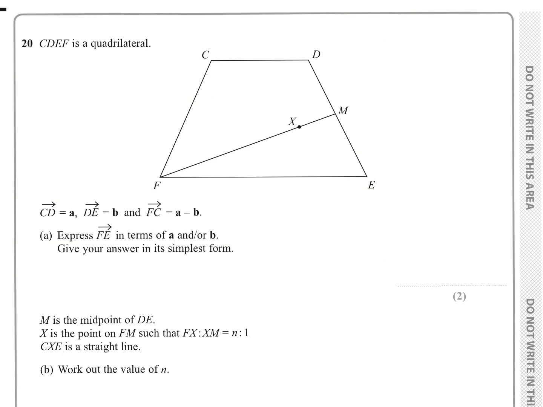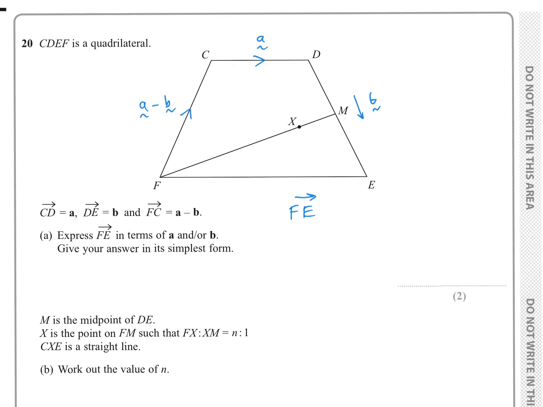Question 20. We have a quadrilateral and we're given that CD is A. We're given DE is B. And FC is A minus B. We firstly have to express FE in terms of A and or B. So let's have a look.